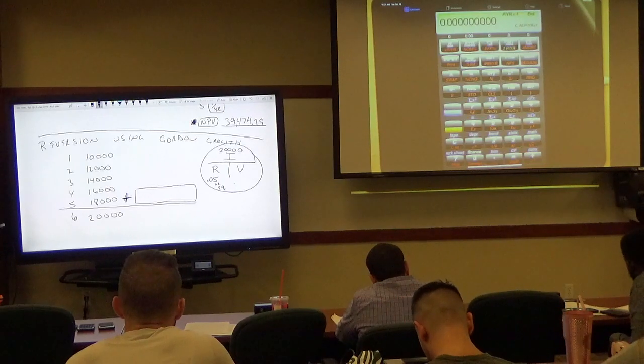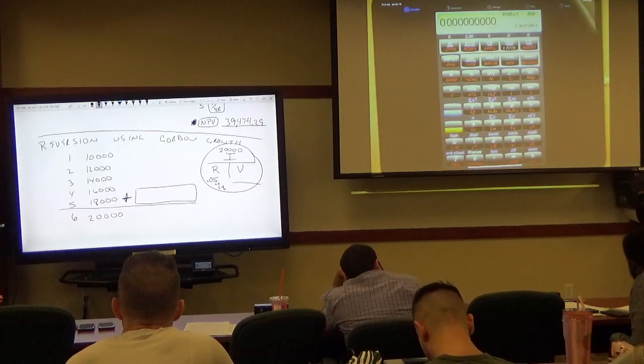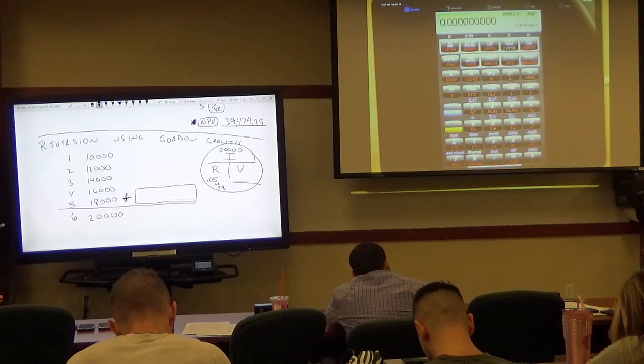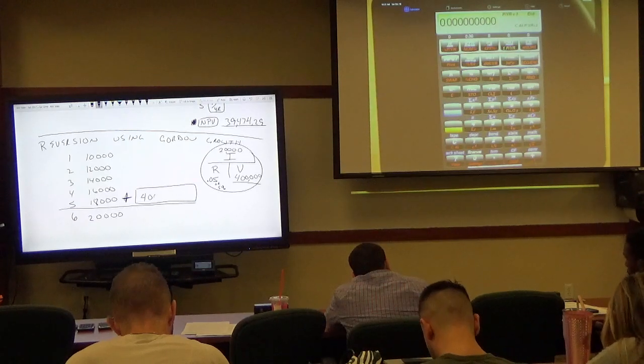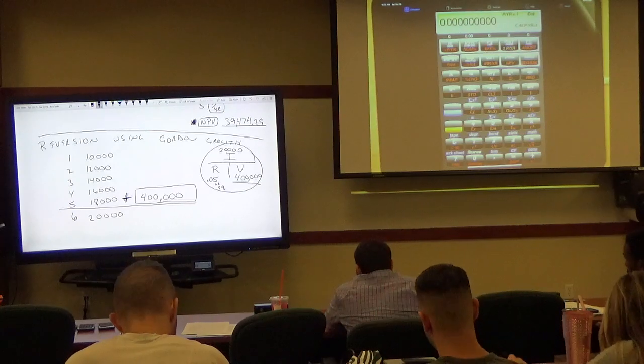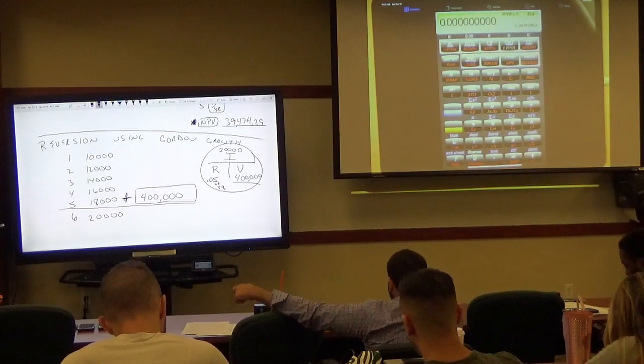Then our reversion value is based on that calculation. So we're simply taking the 20,000 expected future income divided by 0.05. That's saying the property should be valued at the end of year 5 at 400,000, based upon that income expectation. Does that make sense?